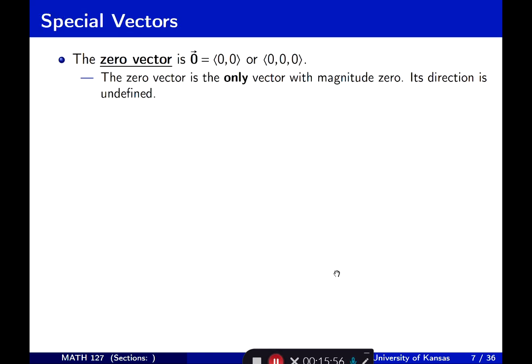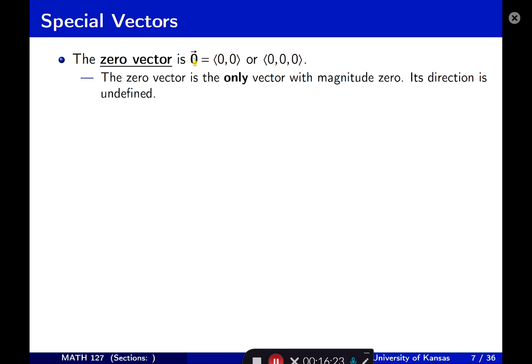So let's talk about a few special vectors. The zero vector we show with 0, and some books boldface a vector, and some books put an arrow on top. We try to boldface and put an arrow.